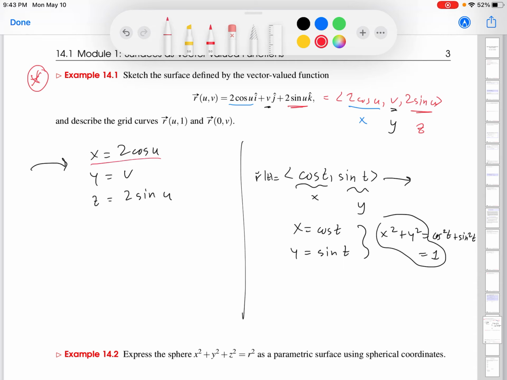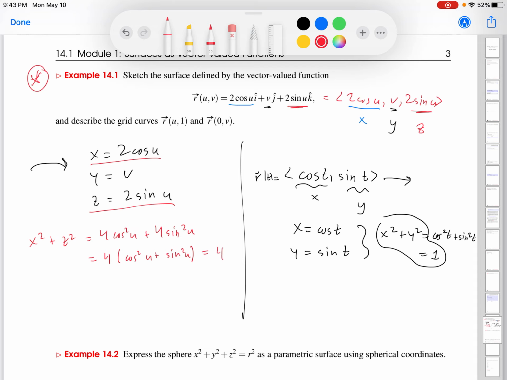Notice that x and z have cosines and sines in them. So if I do x squared plus z squared, I get 4 cosine squared u plus 4 sine squared u, and I can factor out the 4, which leaves me with cosine squared plus sine squared, which is 1.